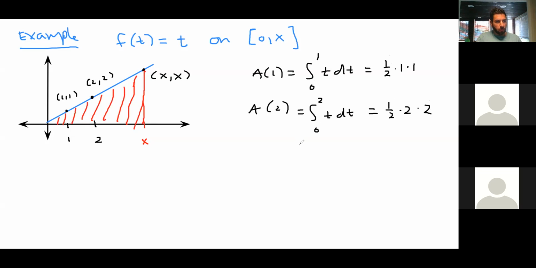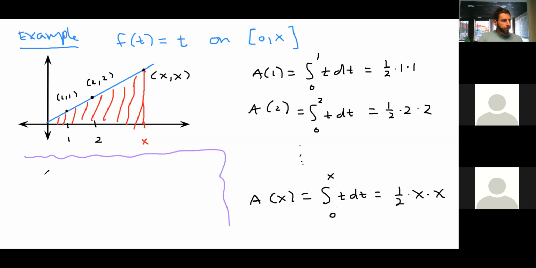And so in general, what we recognize is that the area function becomes 1/2 times x times x. So the area under the curve of this function in particular is 1/2 x squared.